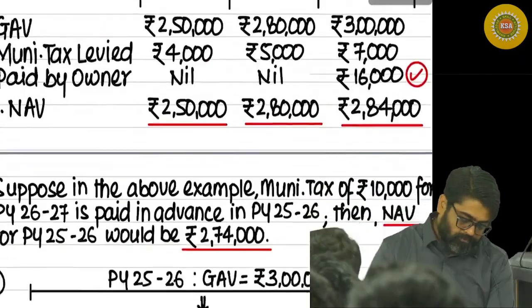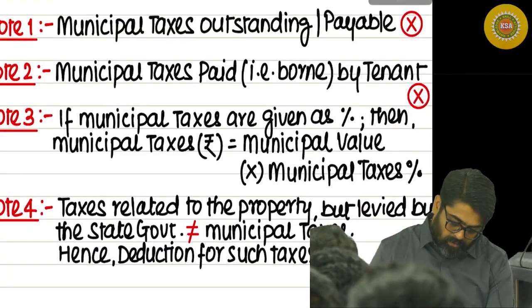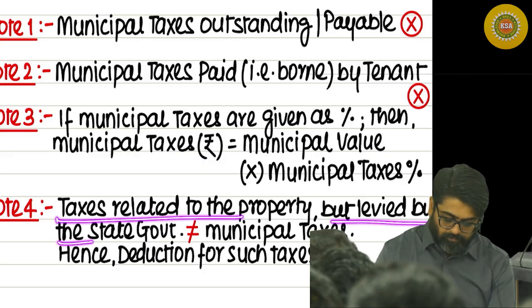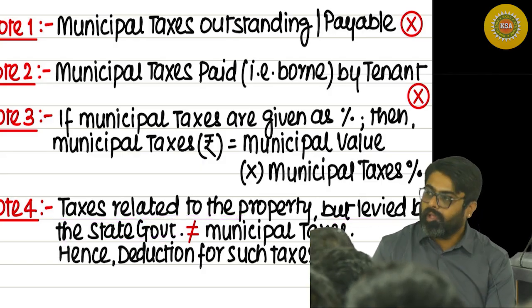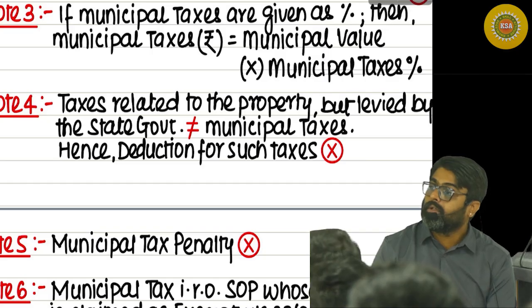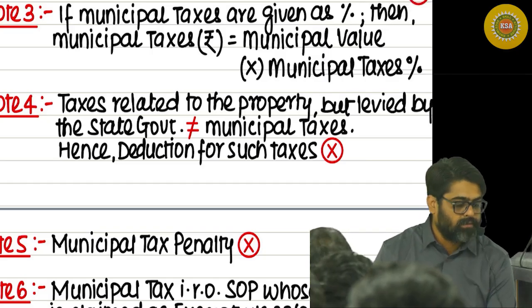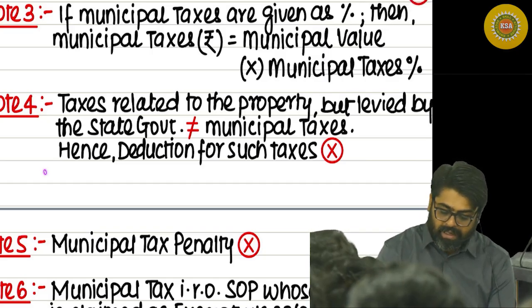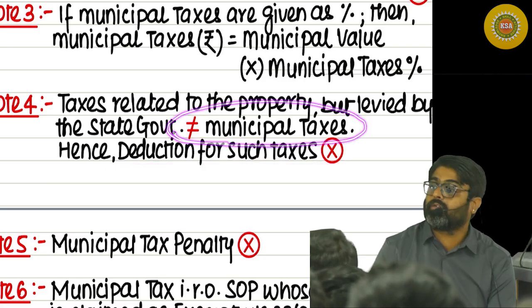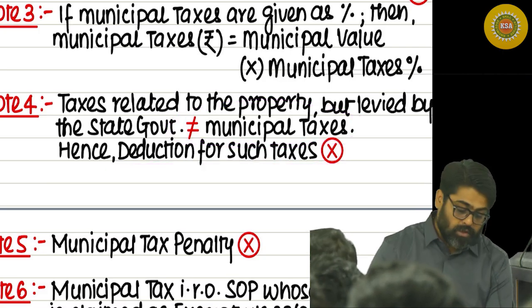For example, if taxes related to your house property are levied by the state government, you will not get any deduction for such taxes because these taxes are not treated as municipal tax. Yes or no? Number one.